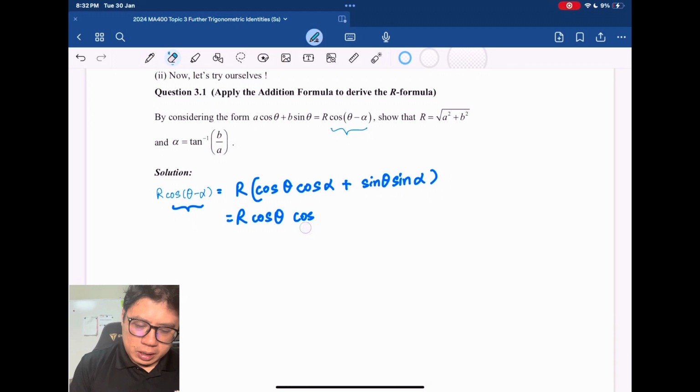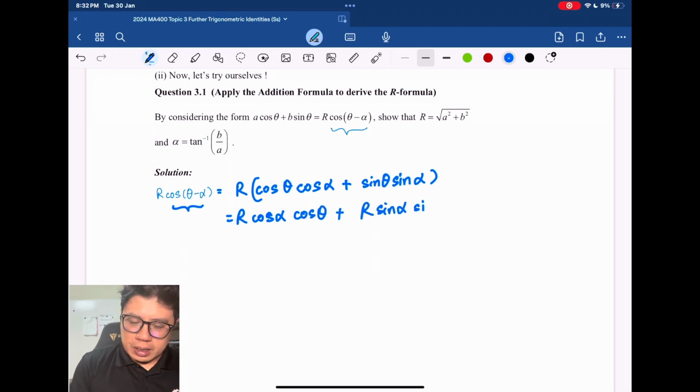Let me just arrange it as r cos alpha cos theta plus r sin alpha sin theta.